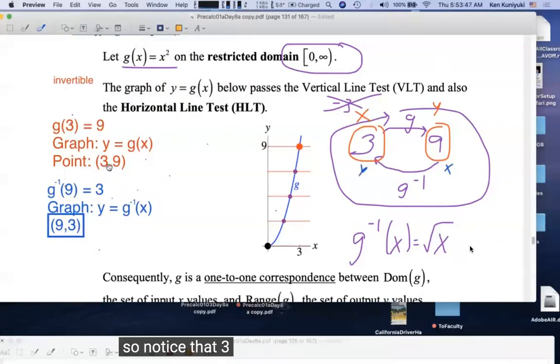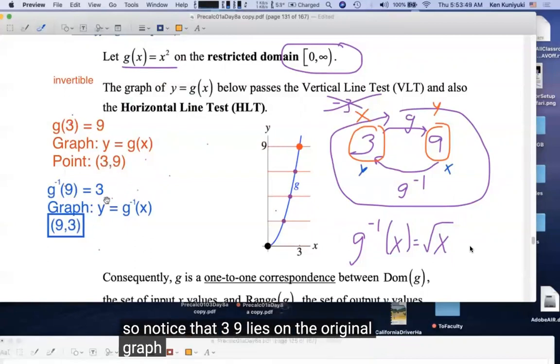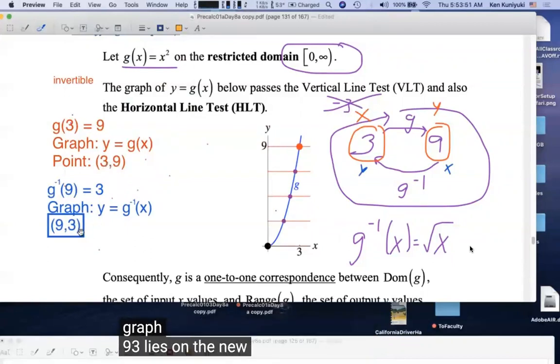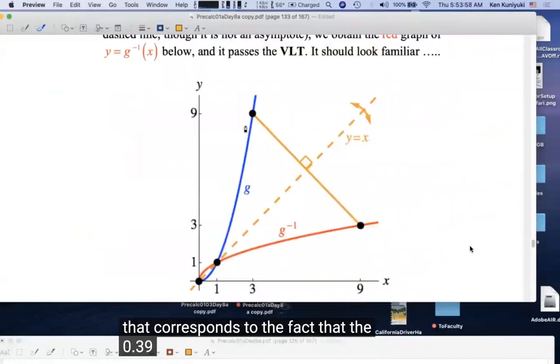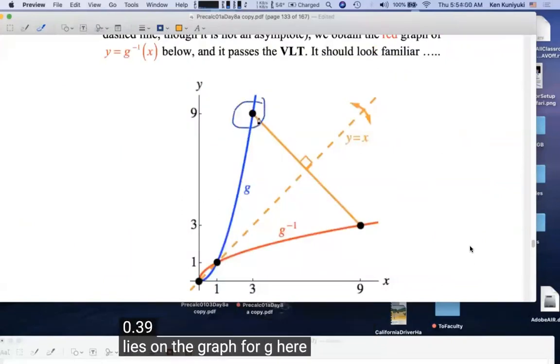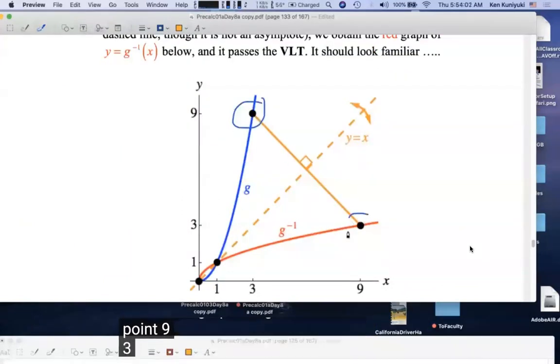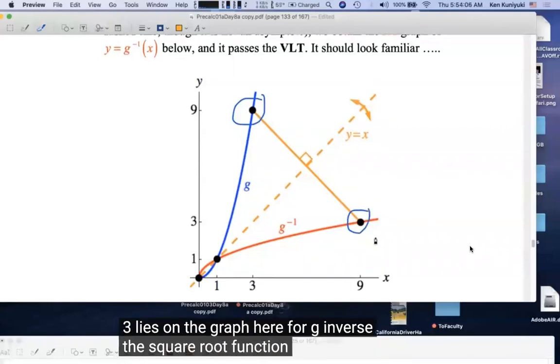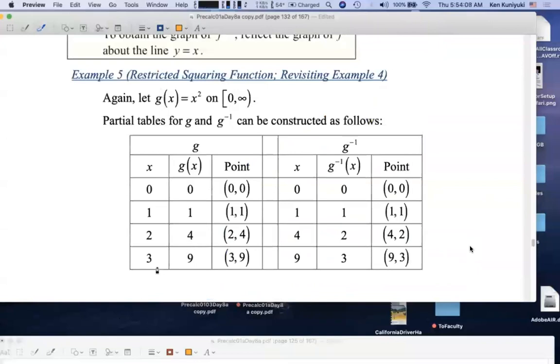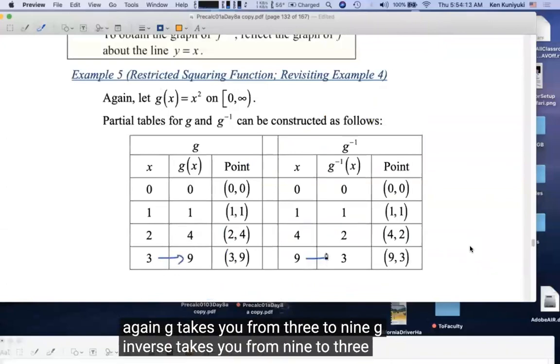So notice that 3, 9 lies on the original graph, 9, 3 lies on the new inverse graph. That corresponds to the fact that the point 3, 9 lies on the graph for g here, and the point 9, 3 lies on the graph here for g inverse, the square root function. Again, g takes you from 3 to 9, g inverse takes you from 9 to 3.